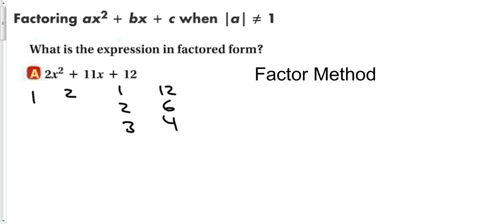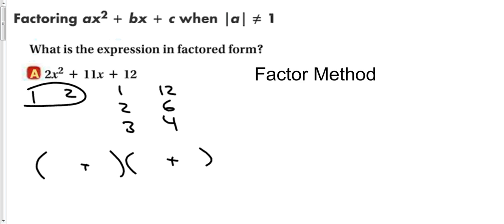Okay. Now, remembering how FOIL works, these two are going to multiply together to give me my first term. And we know that both of these are going to be a plus because we have a plus in both places. Okay, so we know that my first terms are going to multiply together to give me 2x squared.